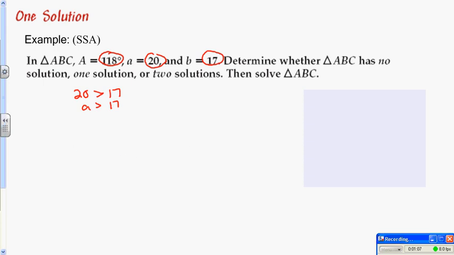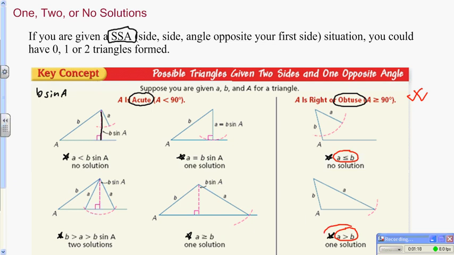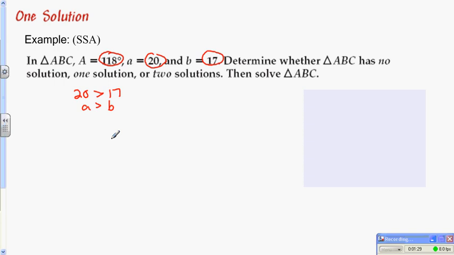Or pardon me, I meant to say that A was greater than B. That means we are going to follow this rule, which means one solution. Knowing that it is one solution, we know when we are done, and if it is even possible.